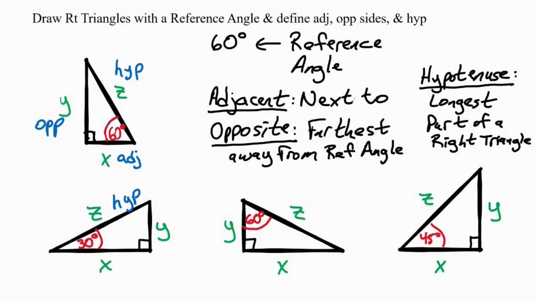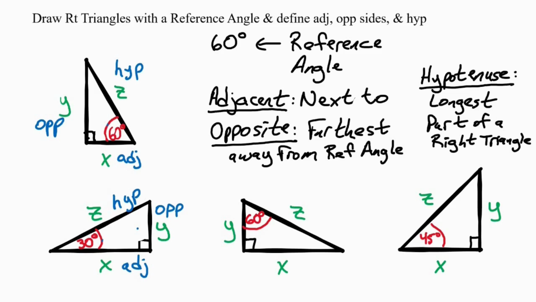Once again, the opposite side is the one that's farthest away from the reference angle. So this is going to be our opposite side. And then the one that's right next to it is our x.